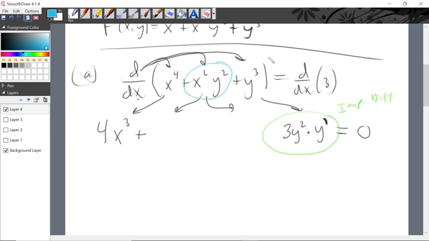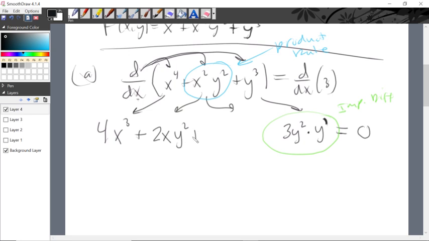In the product rule, when we take the derivative of the y squared piece, that's when we're going to have to apply implicit differentiation to the y squared. So I'm going to start by taking the derivative of x squared. The derivative of x squared is 2x. And when we take the derivative of x squared, we can leave the y squared alone. That's part of the product rule.